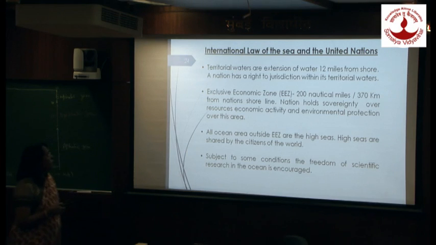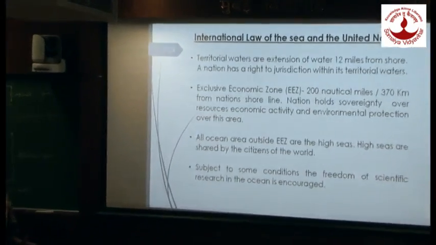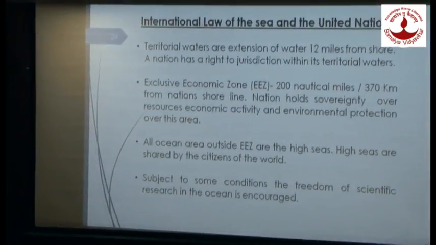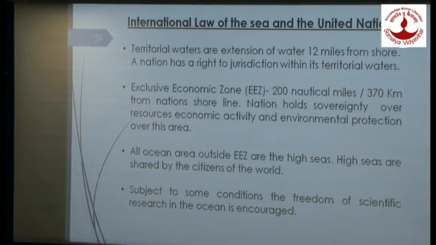Now, what does that mean? International Law of the Sea and the United Nations. The first thing is, territorial waters are an extension of water 12 miles from shore. A nation has a right to jurisdiction within its territorial water. That area exclusively belongs to that country. No other country can enter this region and try to exploit it in any way.